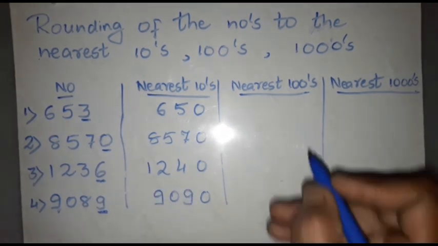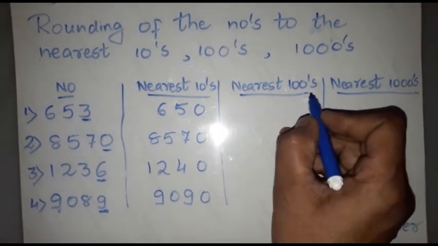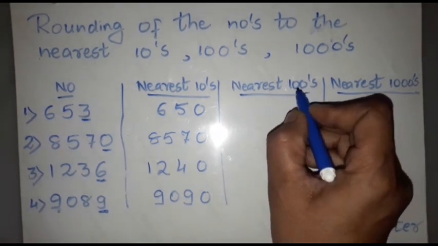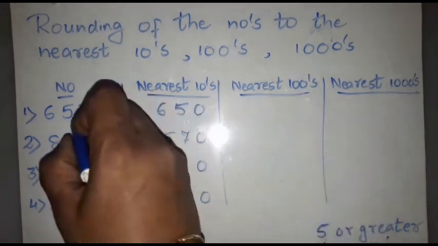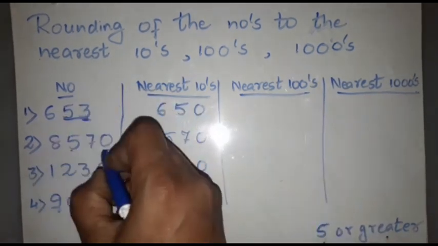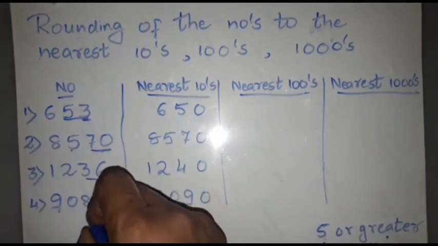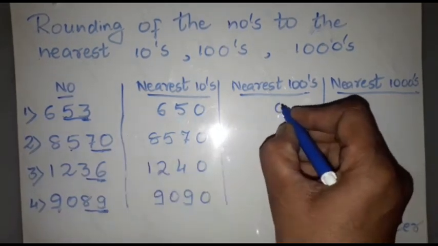Similarly, when you have to round off the number to the nearest hundreds, think that in hundreds how many zeros are there? 2 zeros. So 2 digits you need to underline. Last 2 digits you need to underline. Write 2 zeros.